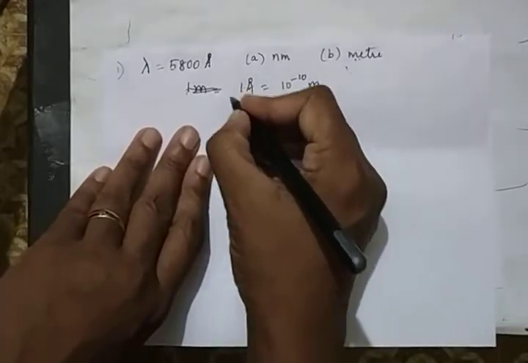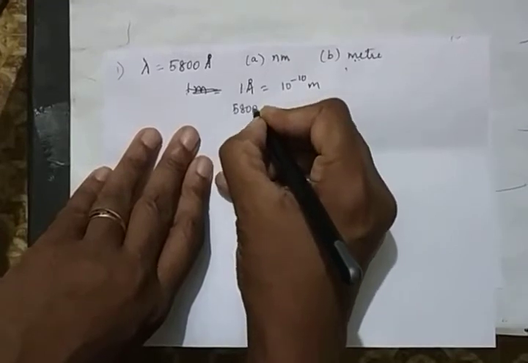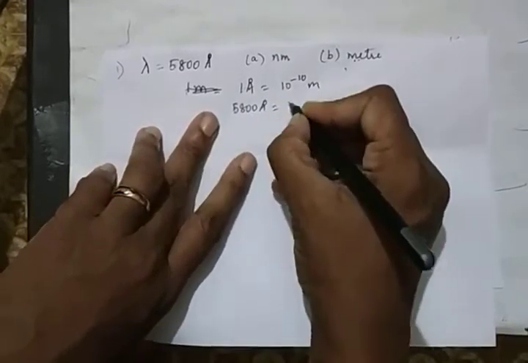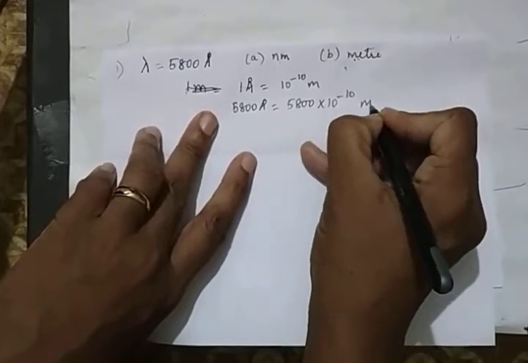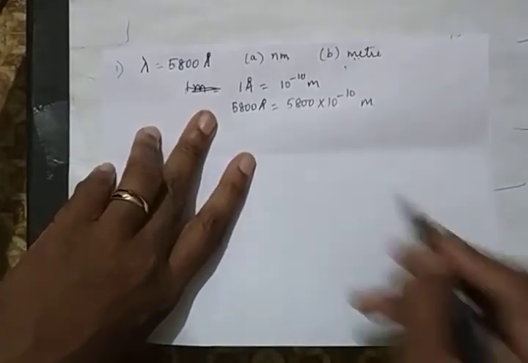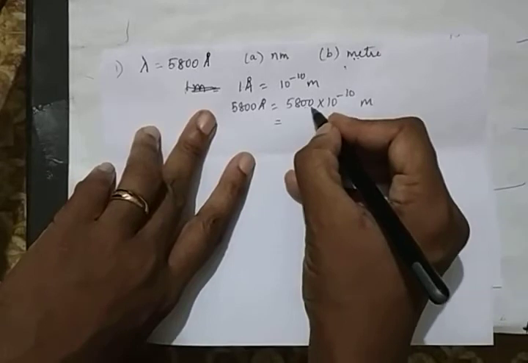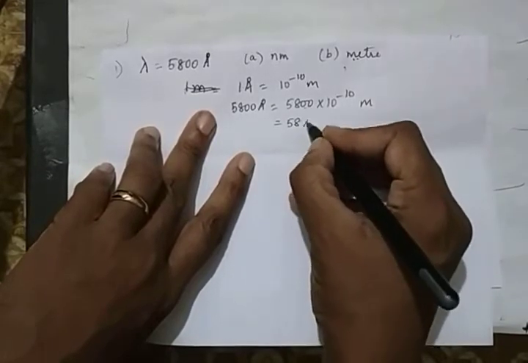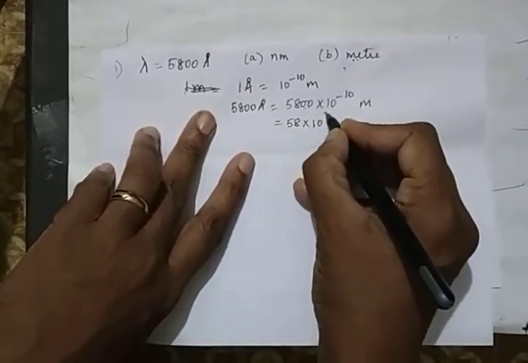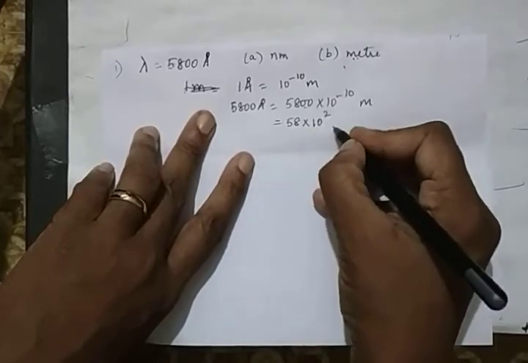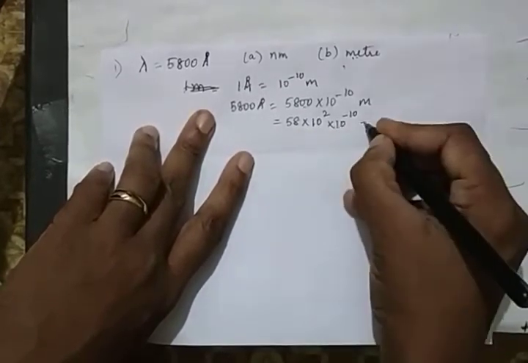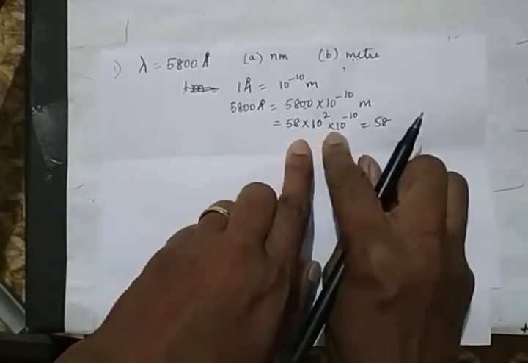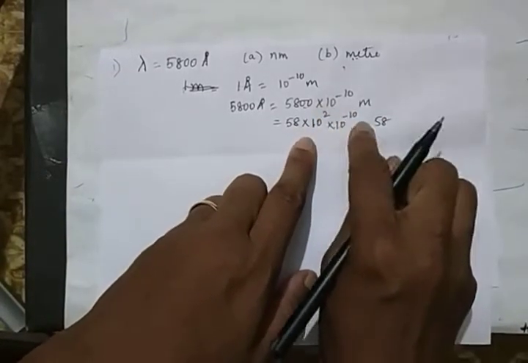So 5800 angstrom will be 5800 into 10 power minus 10 meter. Now because there are 2 zeros here, I can take it as 10 power 2 positive, and already I have 10 power minus 10. In multiplication, powers get added.